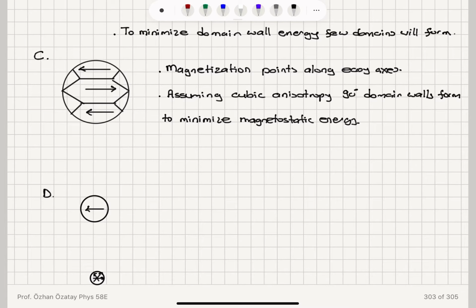So you can see here we have 90-degree domain walls, and these domains will basically accomplish flux closure. So to minimize magnetoelastic energy, small flux closure domains form.